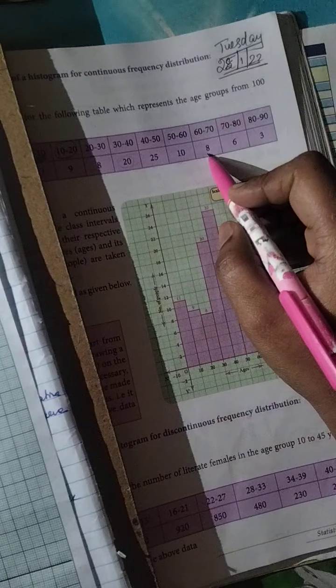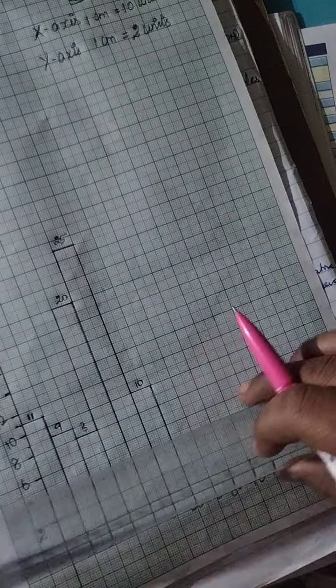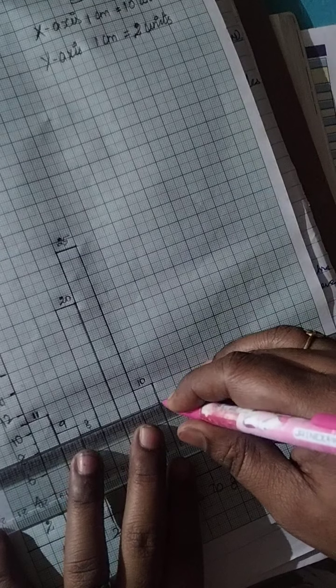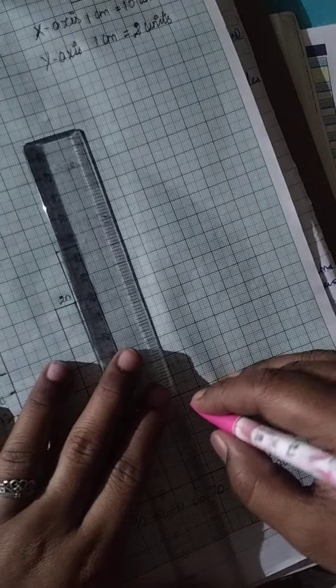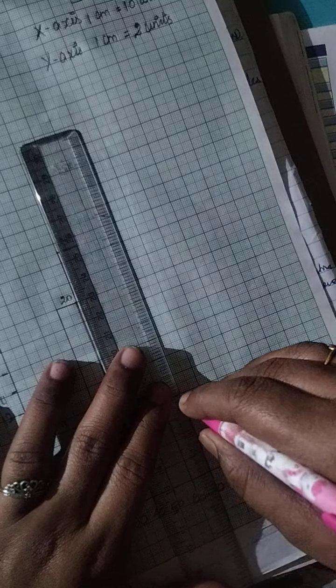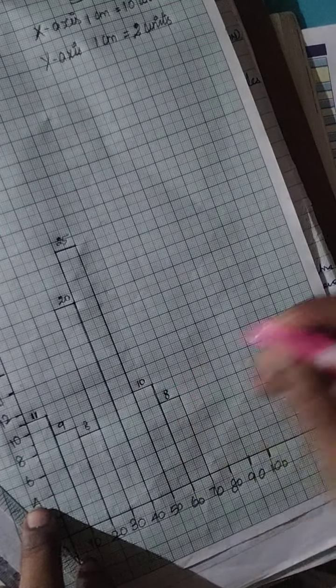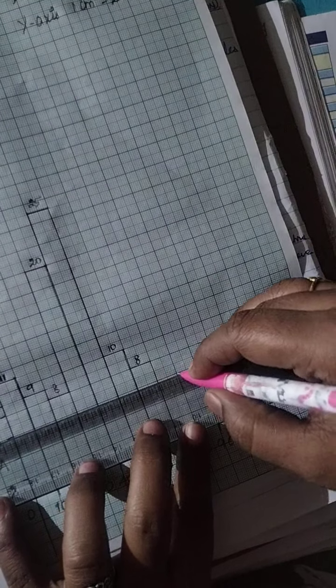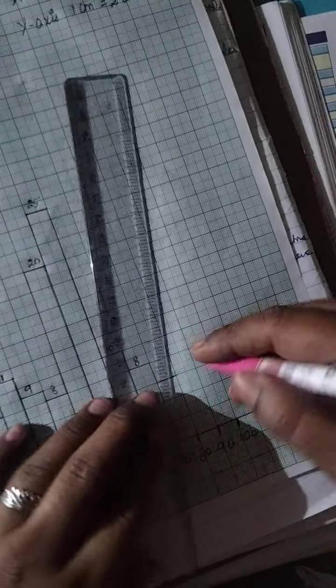Then 60 to 70, 8 members are there. Again the frequency, the box, is decreasing. 60 to 70, only 8 members. Then 70 to 80, it is 6 members, so we draw like this.